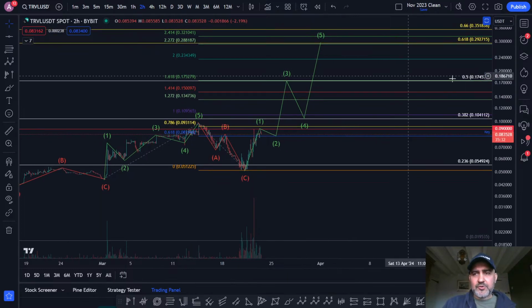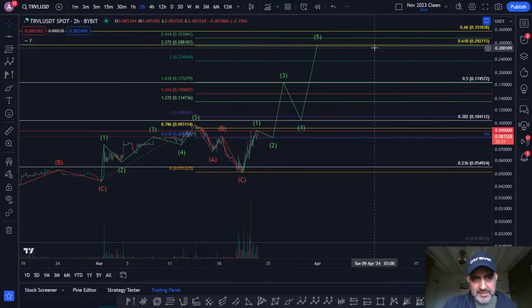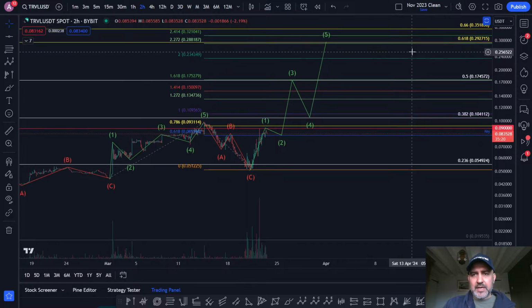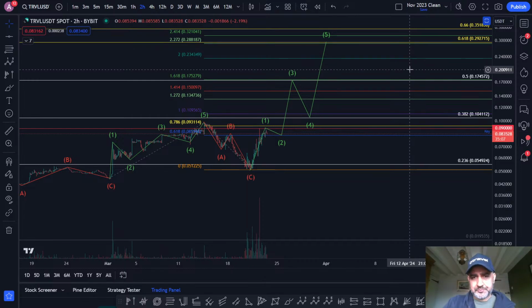Naturally, you can see that our next point of interest is 28-29 cents, and for me that's a really big level. 28-29 cents is really my short-term target on this bull market, and then I'll be looking for a slightly longer correction.